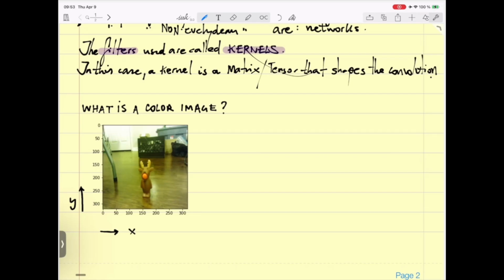So it has, I don't know, 350 pixels, 350 pixels.